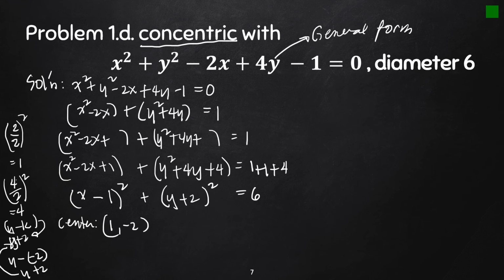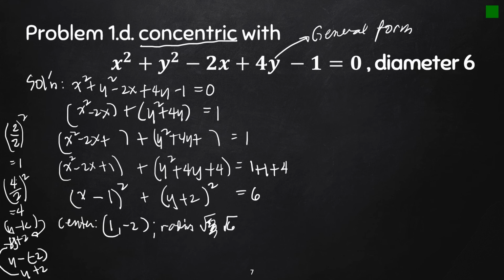I hope you can still follow my writings here. It's kind of messy already. Anyway, so the center is at 1, negative 2, and the radius is square root of 3. I mean, no, this is not square root of 3. Let me check that. So I have square root of 6.